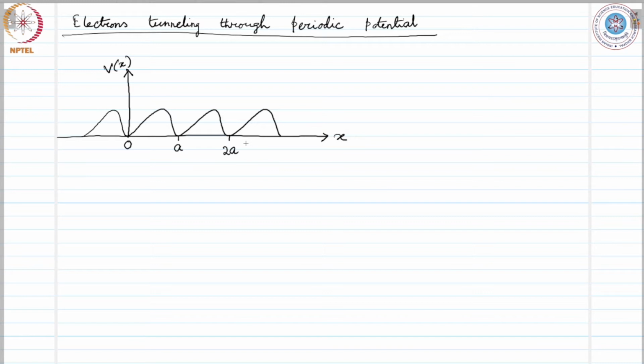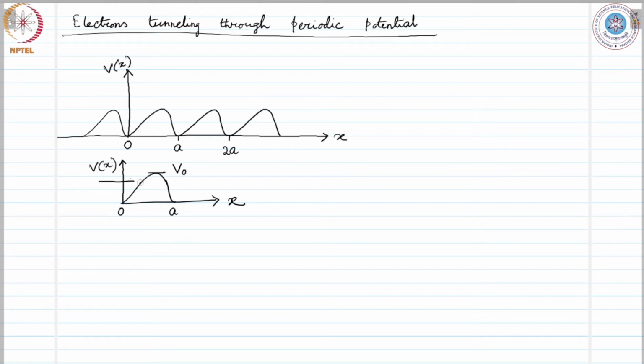Now, if we consider one such profile of the potential, say this one here, then just like earlier, this is the potential axis V(x), this is the x-axis, 0, a, and this barrier height, let's say this is V0.